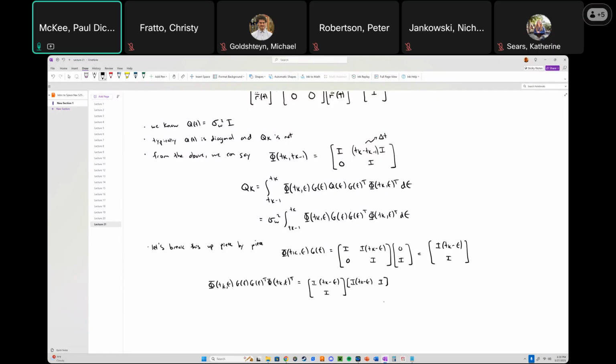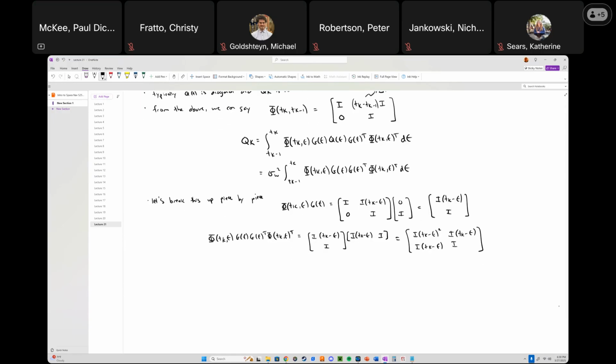This should fill out into a square matrix, and it does. What we get is identity matrix times tk minus epsilon squared, identity matrix times tk minus epsilon, identity matrix times tk minus epsilon, and identity matrix. This is then what is integrated from tk minus 1 to tk, so we can split this up into 4 integrals. And yes, we are doing calculus today.